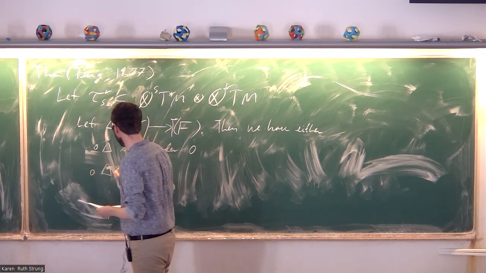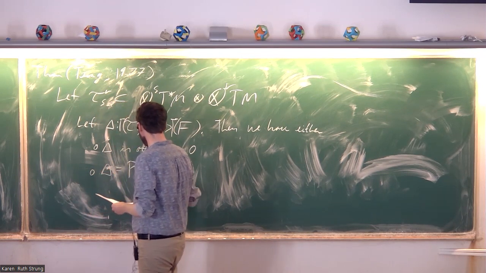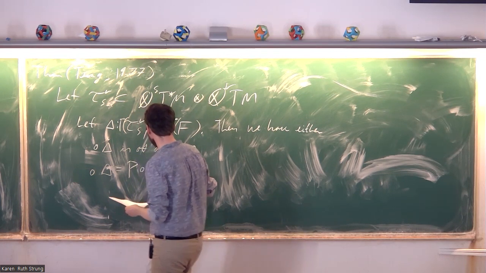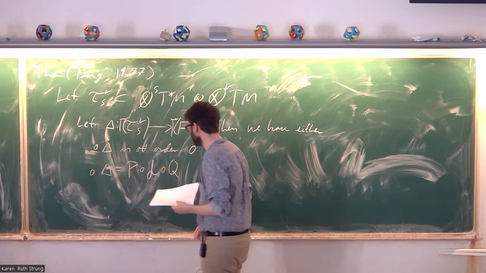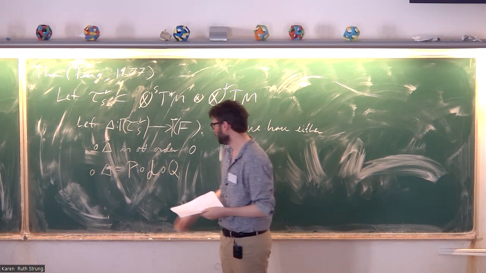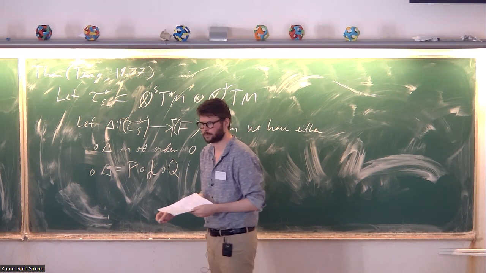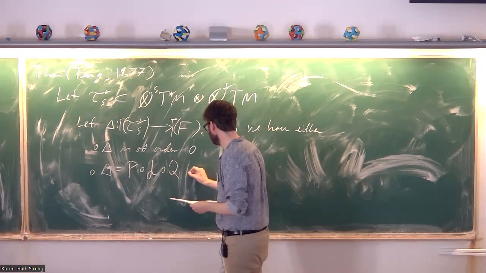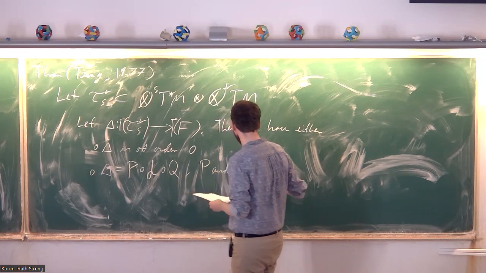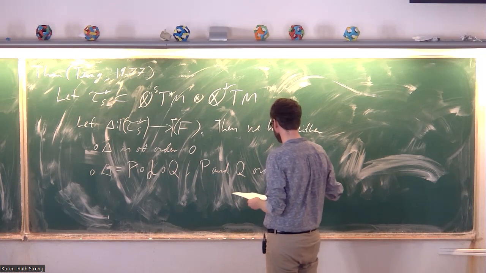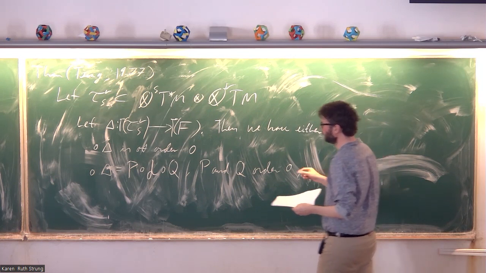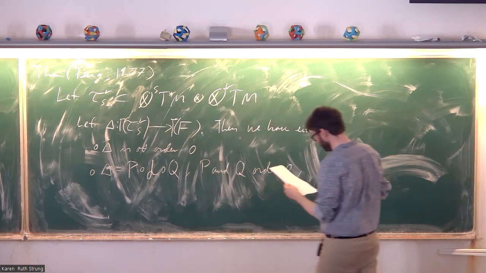Or it's a composition P times D times Q, where D is the exterior derivative, and P and Q are order 0. And we can also say something about the number of indices.